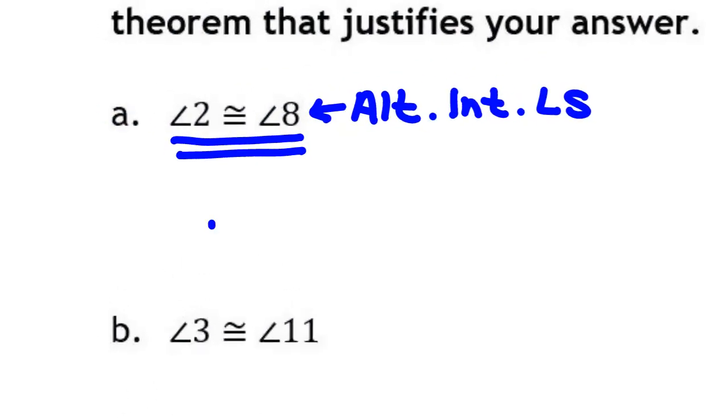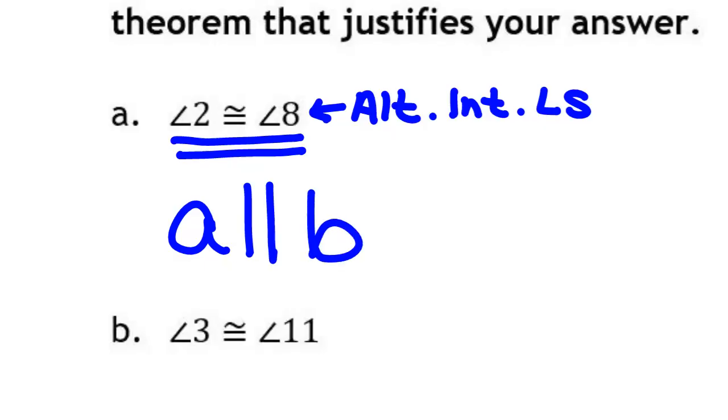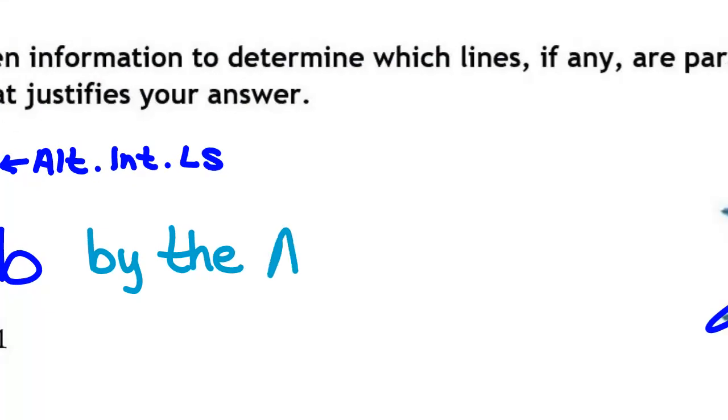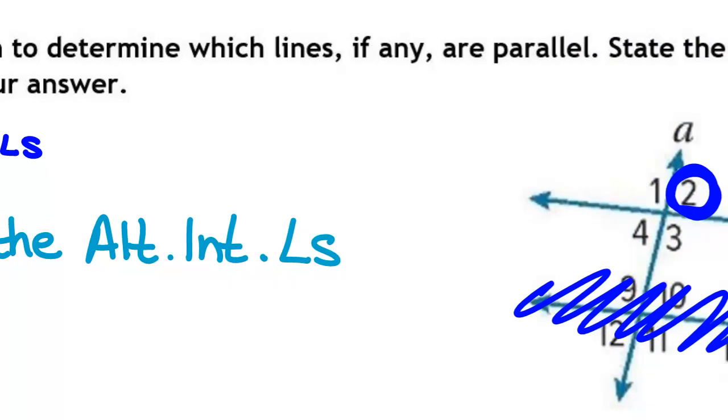A and B. So I would say A is parallel to B. And then it said we have to give a reason, so I'm going to say by the, we said these were what type of angles? Alternate interior angles. So by the alternate interior angles converse.